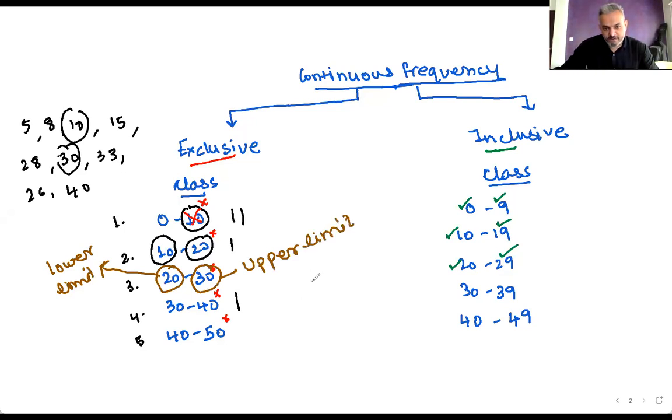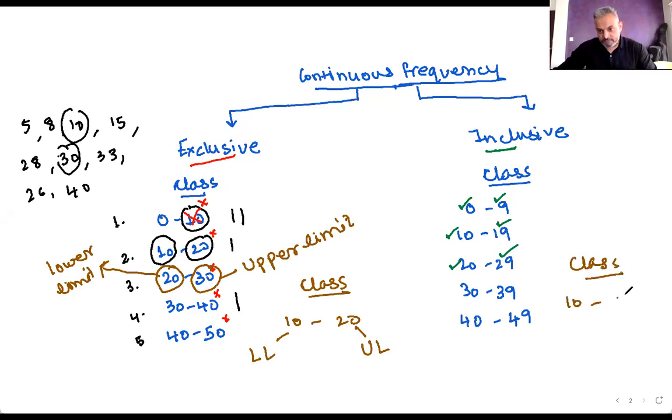So if a class is given like this, say 10 to 20, 10 is lower limit, LL is lower limit, and 20 is UL, that is upper limit. If you are given a class like this, 10 is the lower limit and 19 is the upper limit. Now, number of classes.